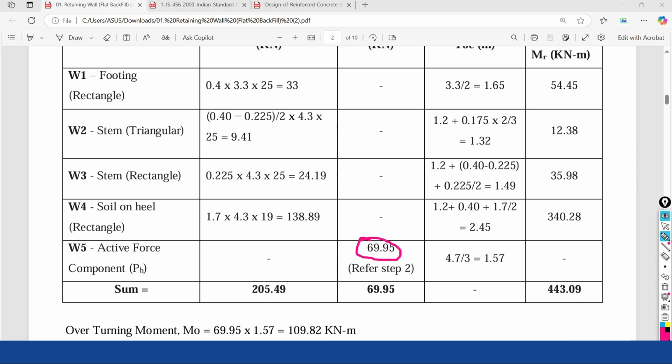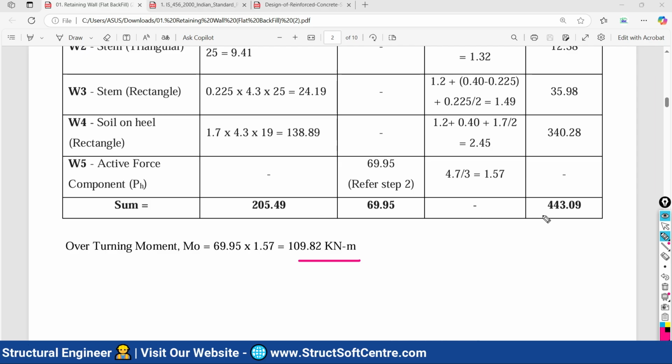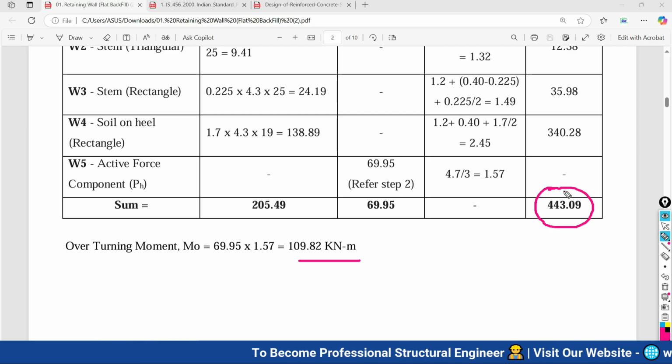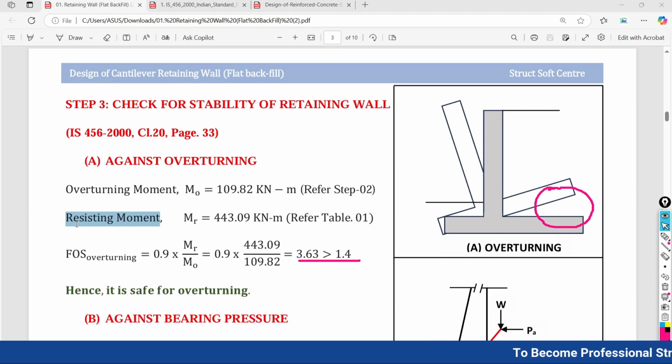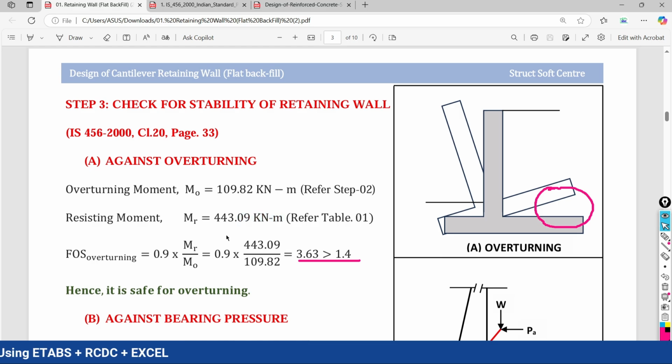As we are considering the instability in terms of moment, we have to consider the restoring force in terms of moment. That we also have calculated. The restoring moment, or you can call it the resisting moment, is 443.09 kilonewton meter. That is taken from table number 1.